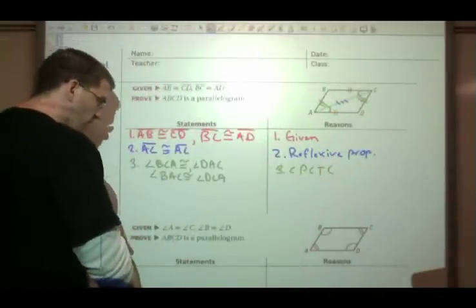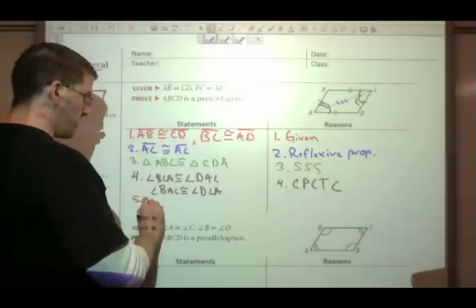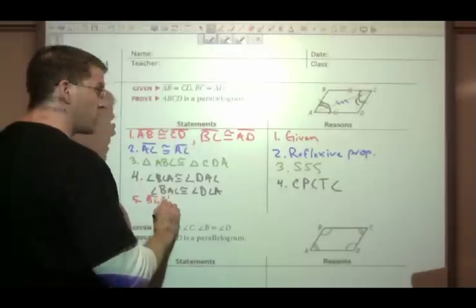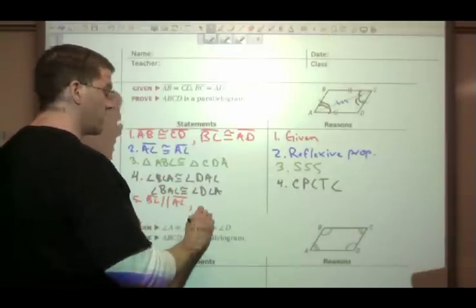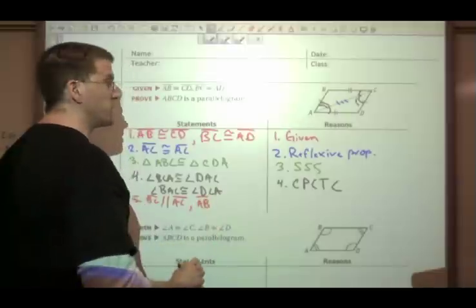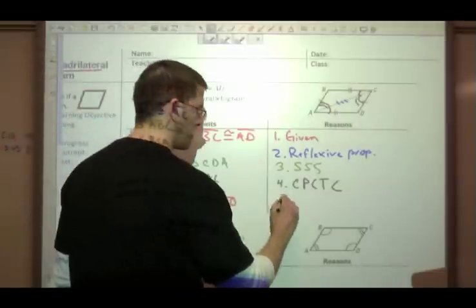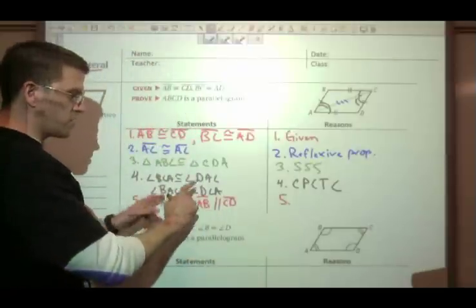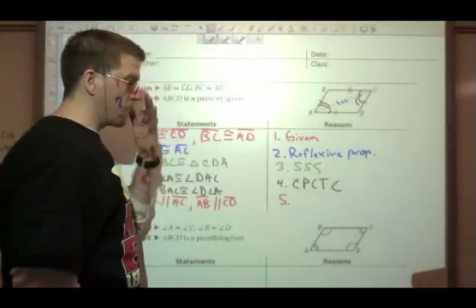Now with that, we can make our next statement about the parallel lines. So now we can say that BC is parallel to AD, and we can say that AB is parallel to CD. Now the reason I can give for these two statements is because of the alternate interior angles converse.